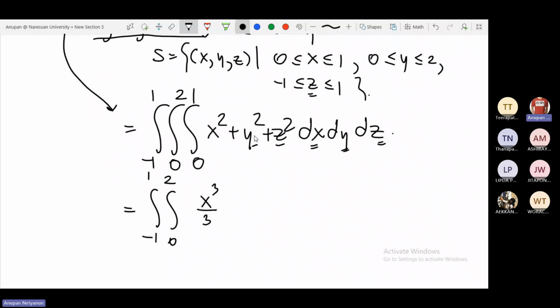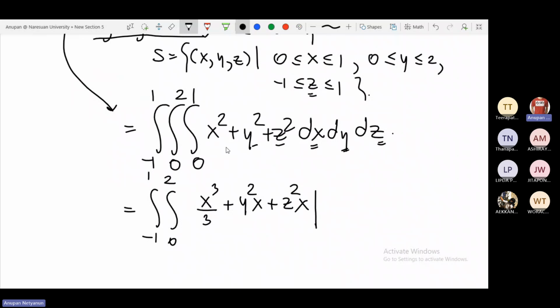For the constant terms, you have y squared x and z squared x as the antiderivative.